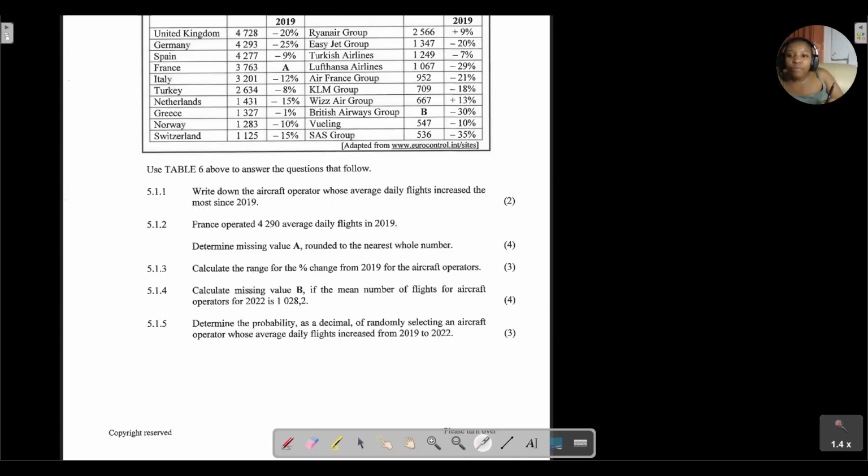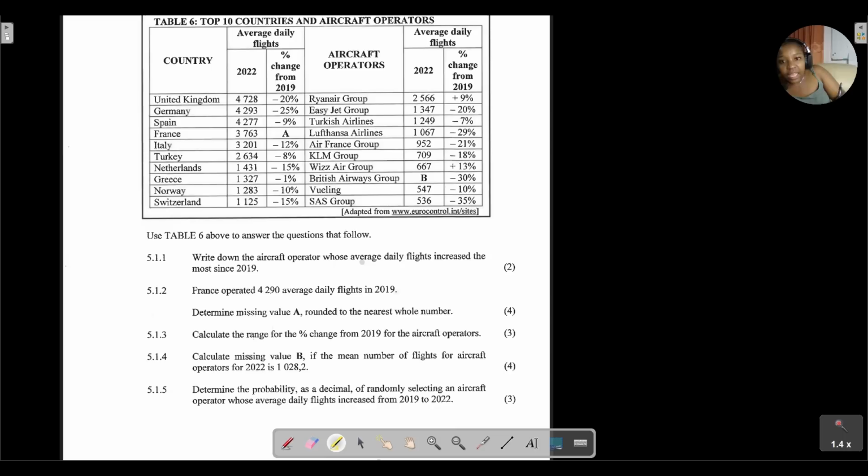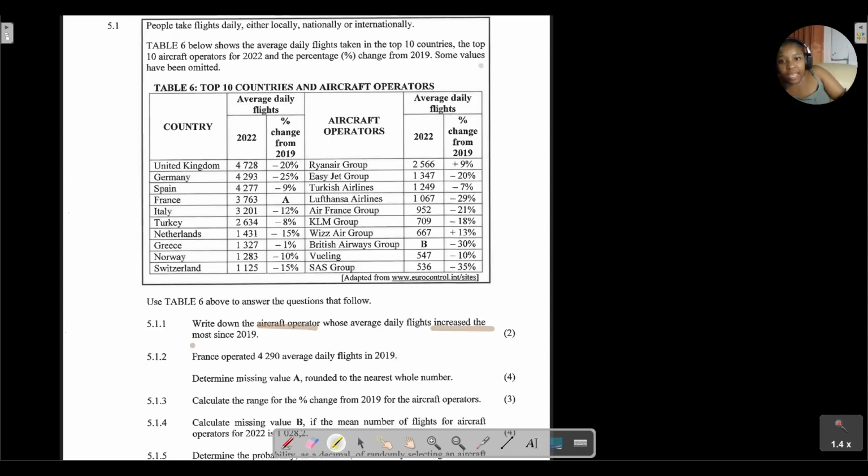So question 5.1.1 says, write down the aircraft operator whose average daily flights increased the most since 2019. So we're going to look at the aircraft operator where there was the highest increase. We're just going to look for the highest positive value.